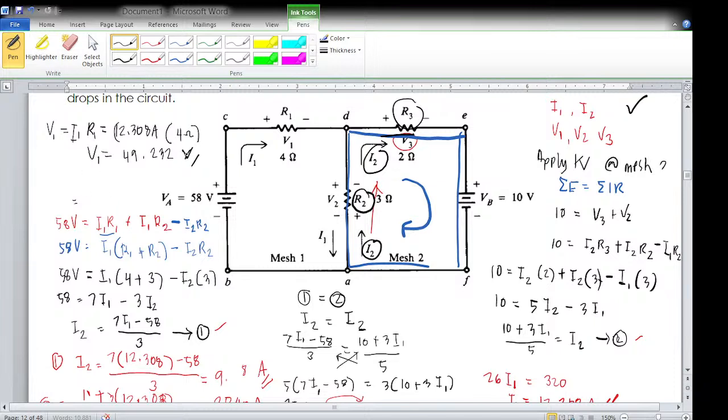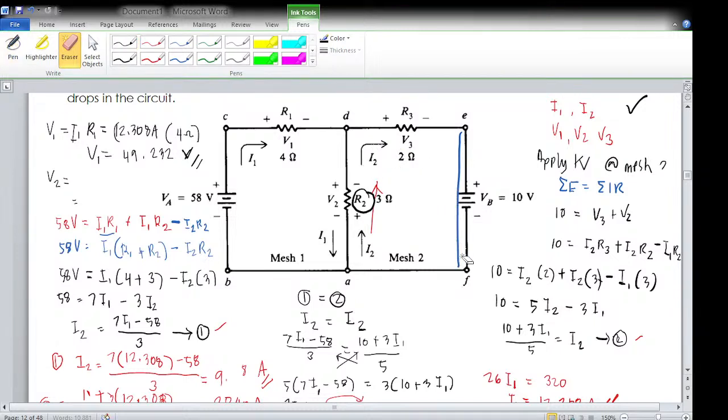How about for V sub 2, class? What is the formula of V sub 2? Take note, V sub 2 has two currents involved in there. How are you going to solve for V sub 2? Take note of the current.